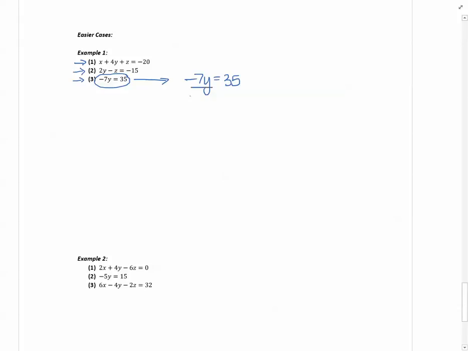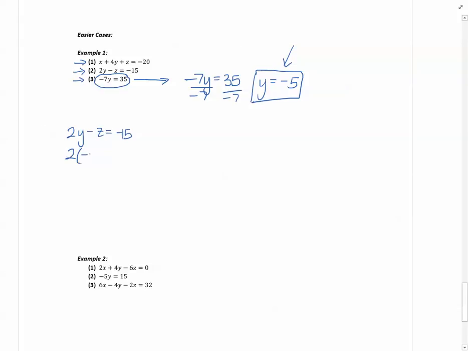Just solve it. Divide both sides by -7. Y is -5. Okay, well that is powerful information because I can now plug that in the other equations and perhaps it could solve something. For example, in equation 2, I have 2y minus z is equal to -15. I now know what y is, so plug it in.